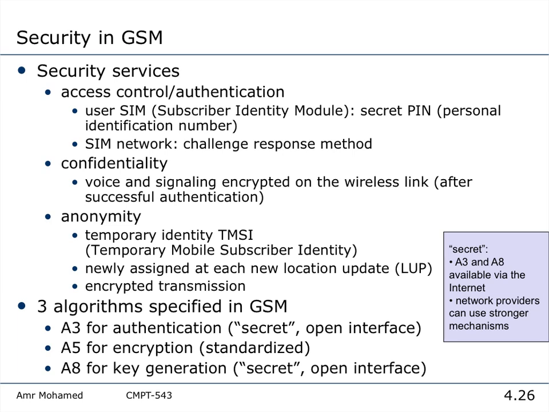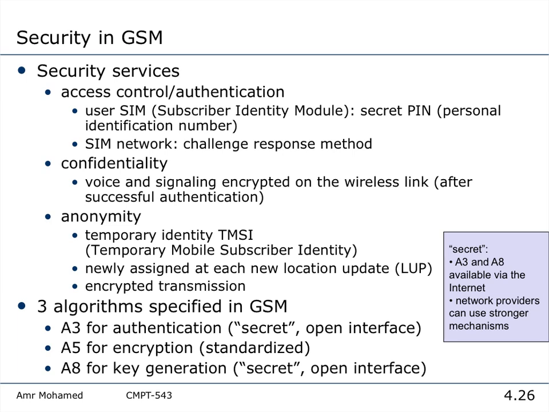So the authentication part is done through what we call the challenge response method. So I will give you a puzzle to solve, or I will give you a number, and then based on your mobile station identifier, you can try to generate a response.